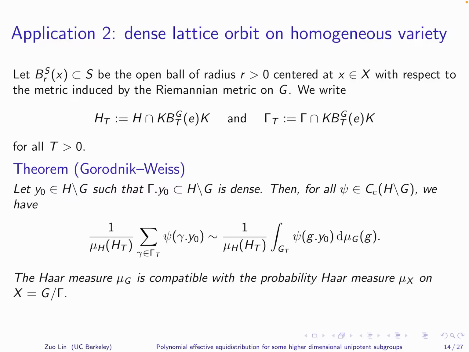In fact, Grodnik-Weiss proved more than just that these two averages are asymptotically the same. They actually show that with this normalization, it converges to something, and that thing will be an integration of psi on G mod H, but the measure it integrates against depends on the initial point y0. There is an explicit formula for that, but I will not discuss this in detail. So the application of the previous main theorem is to provide an estimate of how good this asymptotic is.